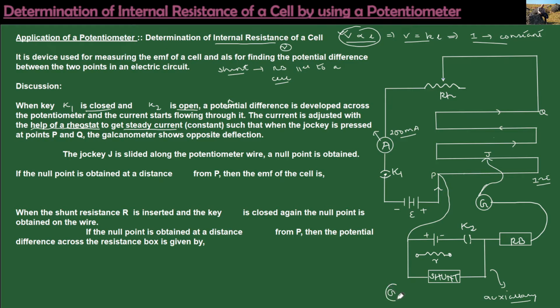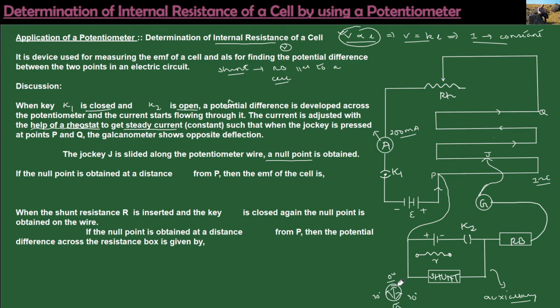The galvanometer is symbolised in this form, with 0 degrees in the middle and 30 degrees on either side. Suppose the indicator deflects in this direction. To get the null point, the needle should point at 0. So by sliding this jockey, we want to get the null point on the potentiometer wire, which corresponds to 0 degree deflection on the galvanometer.